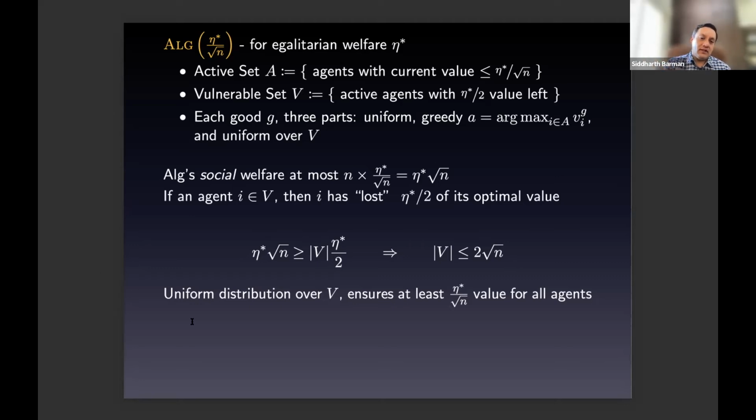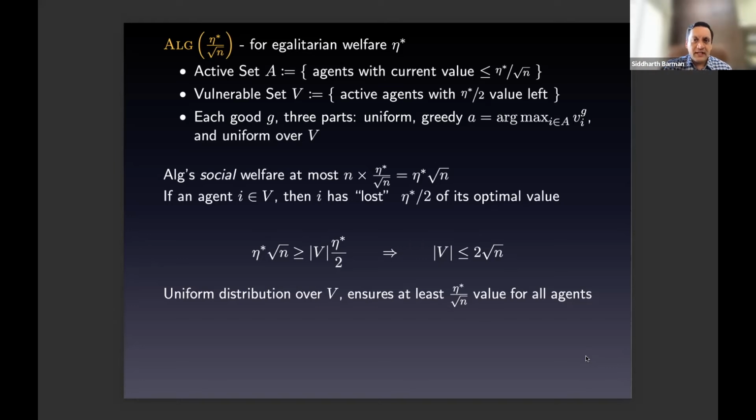So you have eta star by 2 value total left. Again, there should be a 2 here, because it's eta star by the cardinality of V. Of what is left, eta star by 2, you are getting a 1 over cardinality of V fraction, which is again eta star by square root.